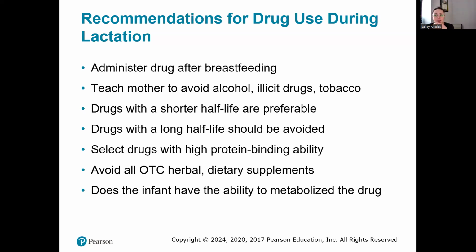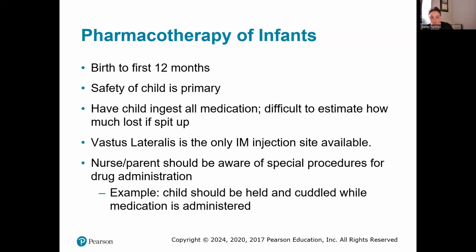And the last thing you have to ask is, does the infant have the ability to metabolize this drug? Children can have ibuprofen after 6 months. So if the mother takes ibuprofen and then pumps or breastfeeds, the child can metabolize it as well. If it's safe for both of you already, then if it crosses into the breast milk, that's all right.